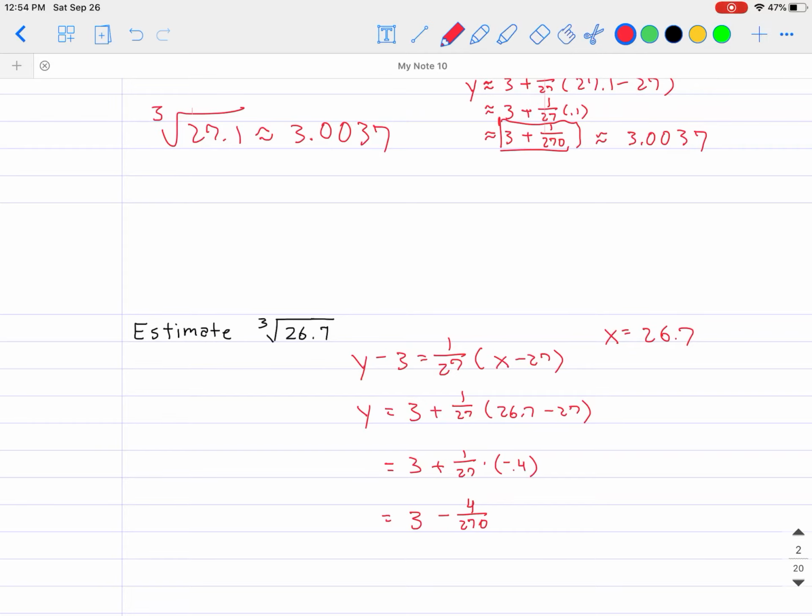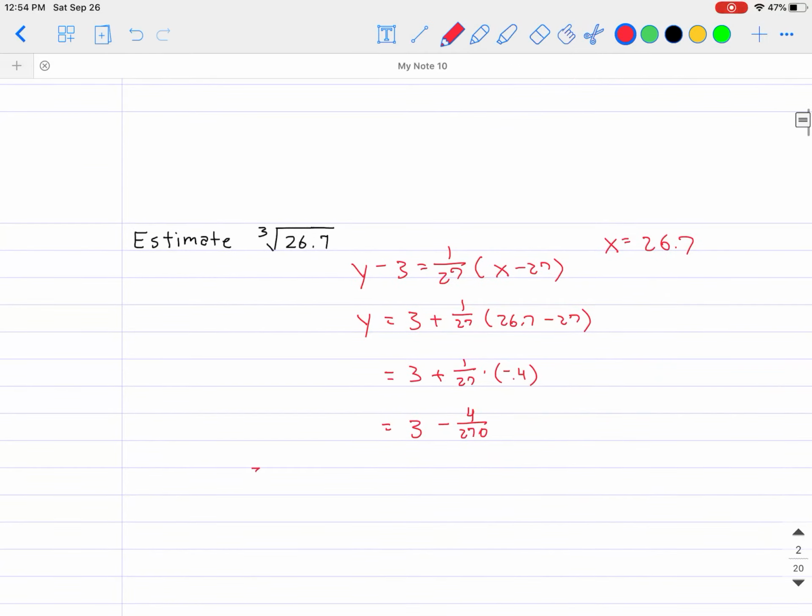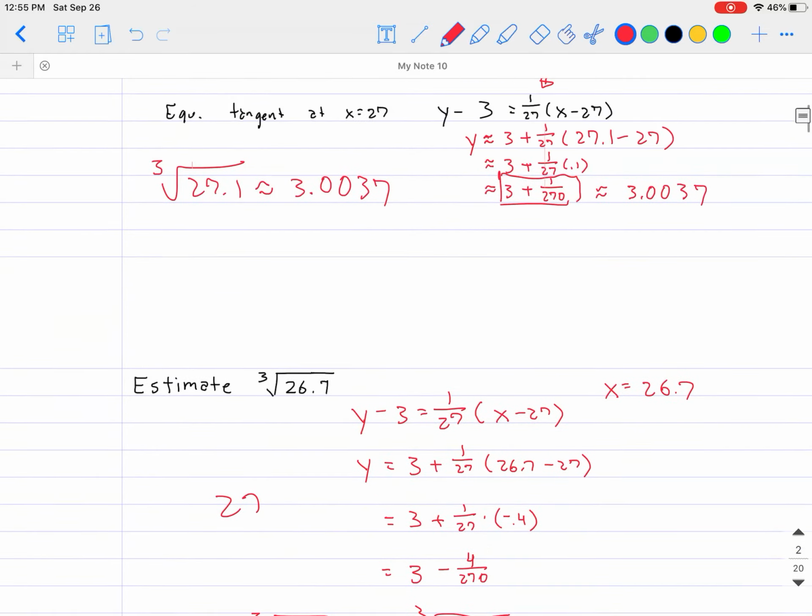For this method of local linearization, it's probably not ideal if you want to solve for something like the cube root of 21, or maybe the cube root of 19. The reason for that is notice how far 21 and 19 are from 27, right?